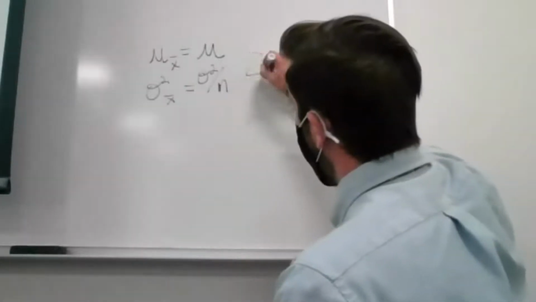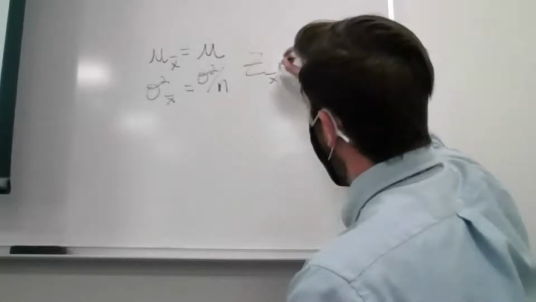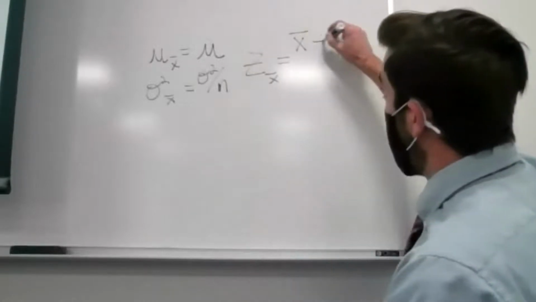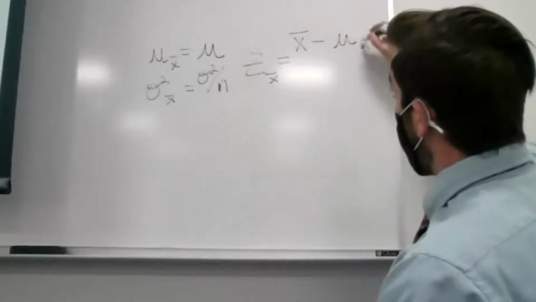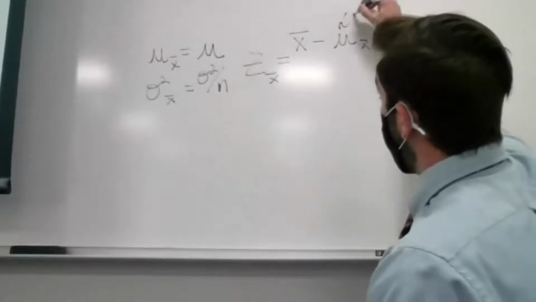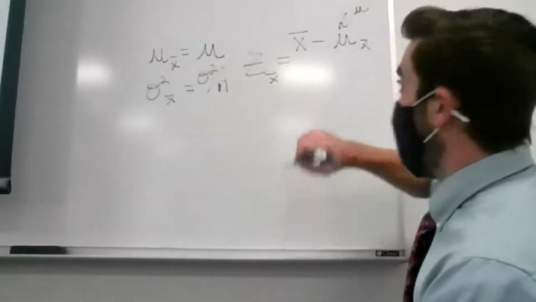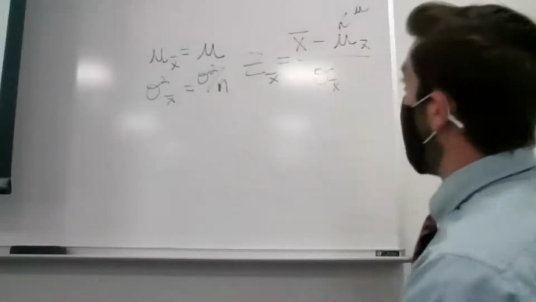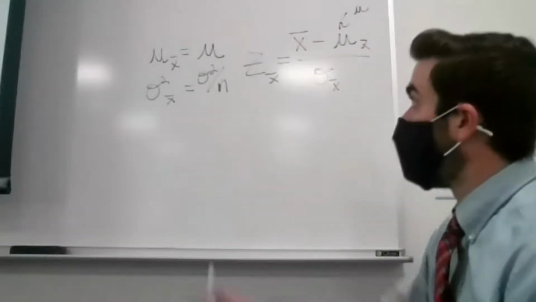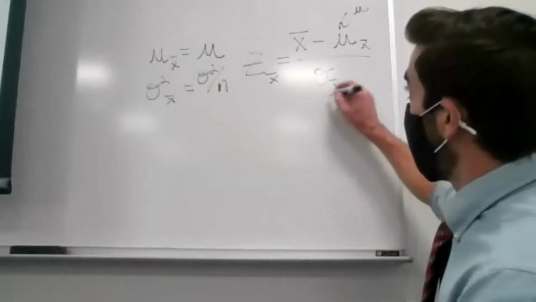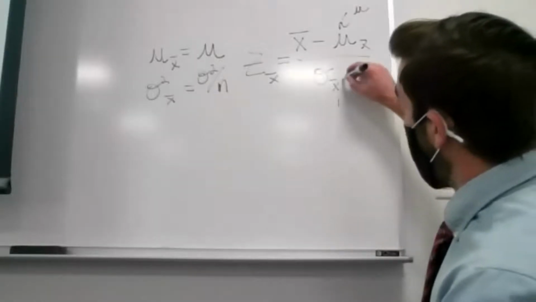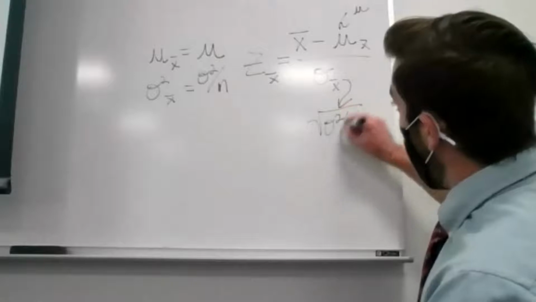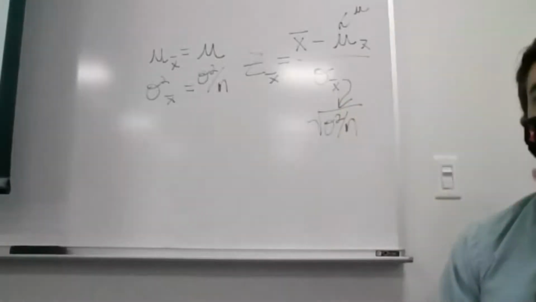When we wanted to find the z-score for a sample mean, we said take whatever cutoff value you're interested in, subtract the mean of your sample means, which is just our population mean, and then divide by the standard deviation of our sample means, which could be rewritten as the square root of the variance over our sample size. Okay?